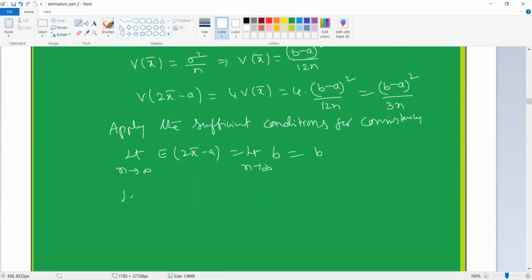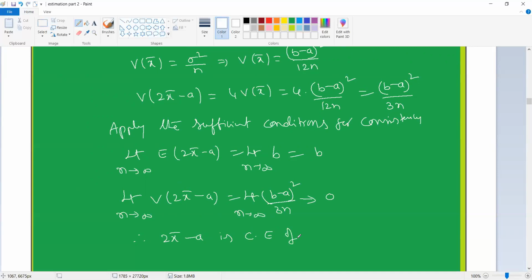Second one, limit n tends to infinity of variance of 2x bar minus A is limit of B minus A whole square by 3n. As n tends to infinity, this value is equal to 0. Therefore, 2x bar minus A is a consistent estimator of B.